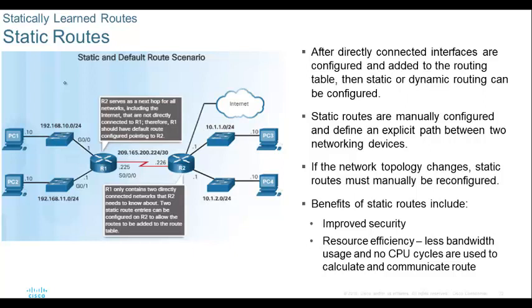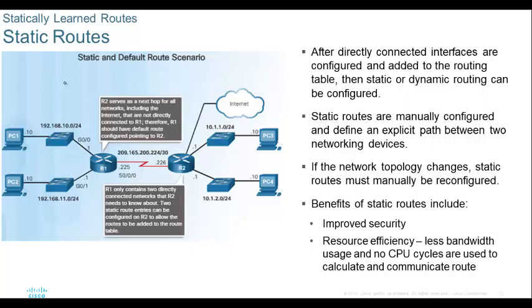The routes that are manually written or configured, which direct the packet to the next hop, to the next router, is a static route. Okay, here is what it says.